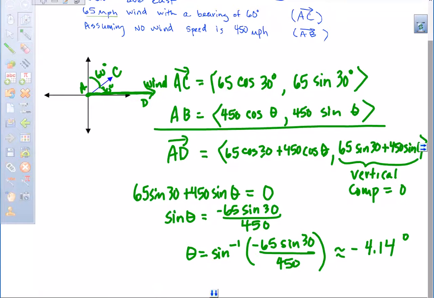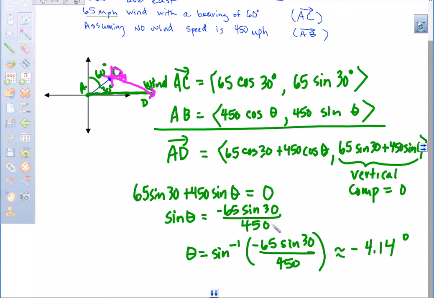Okay, so here's our picture up here. I'm going to go back and draw in this part here. Okay, so this is what we're solving for. We're solving for this angle here. So that negative 4.14 is this little part.